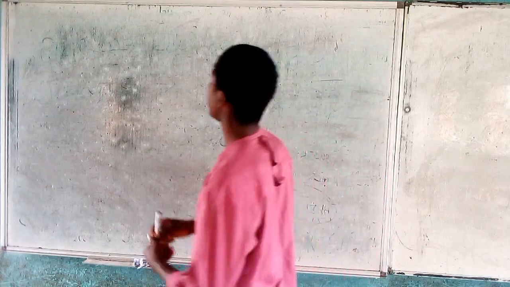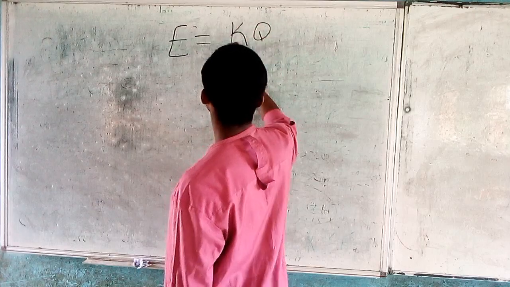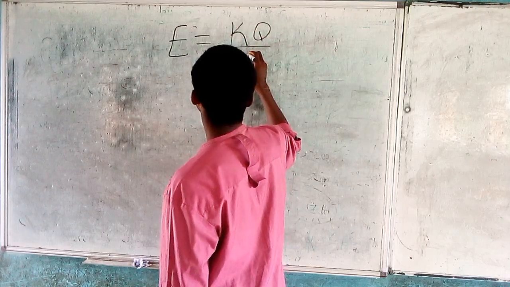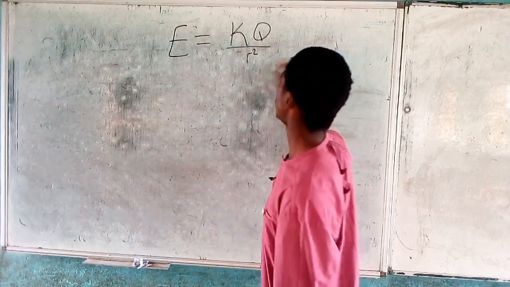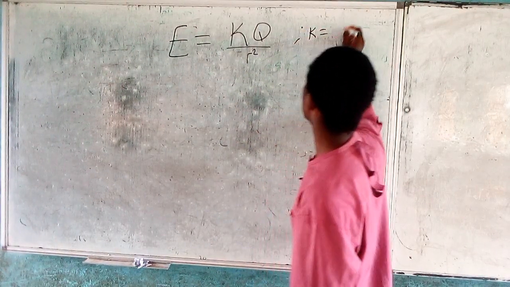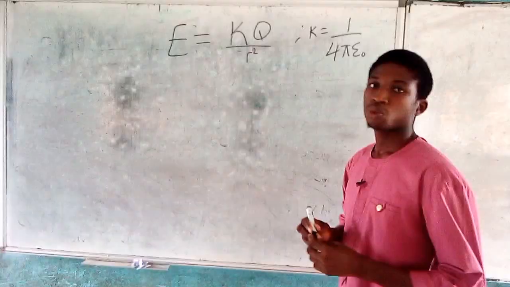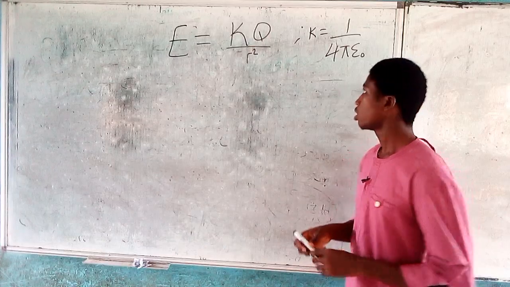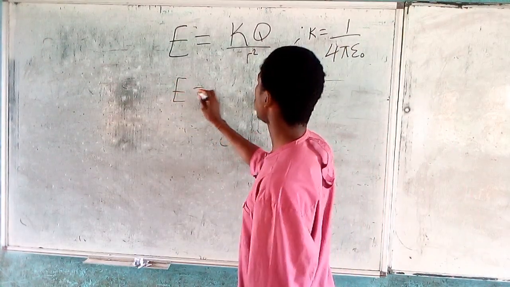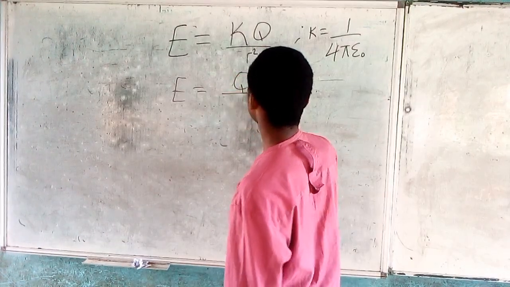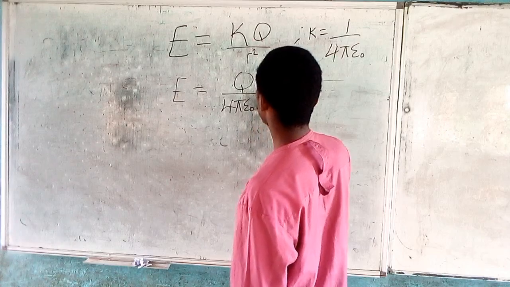If you remember, electric field is equal to kq over r squared, very important. And remember what k is: k is equal to 1 over 4 pi epsilon naught, where epsilon naught is the permittivity of free space. If I put this into the equation, E is equal to Q over 4 pi epsilon naught r squared.